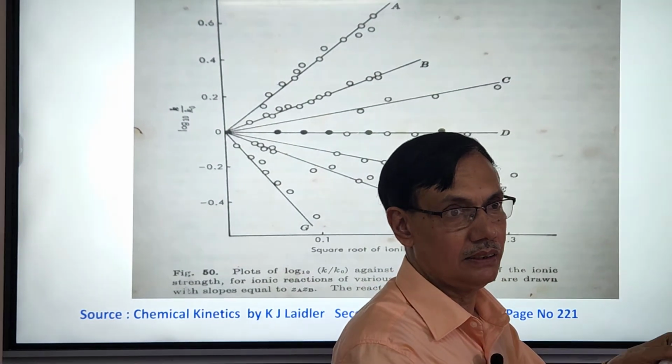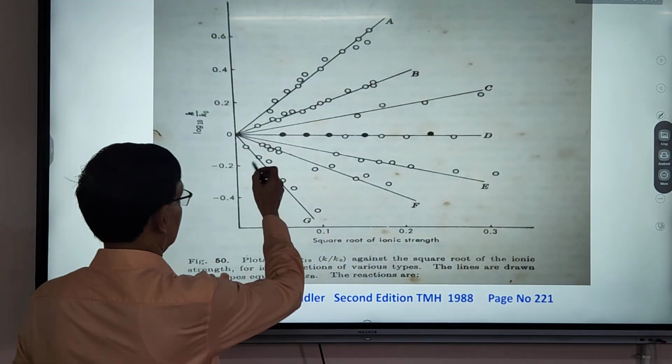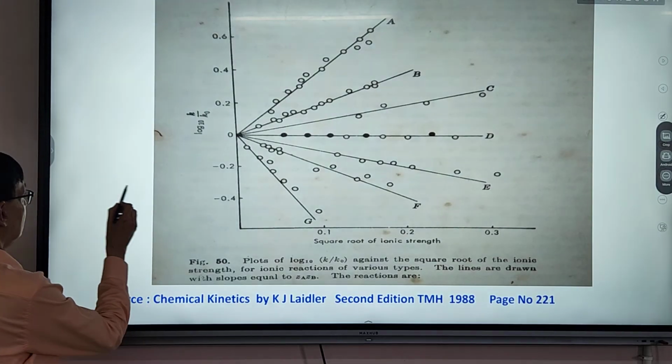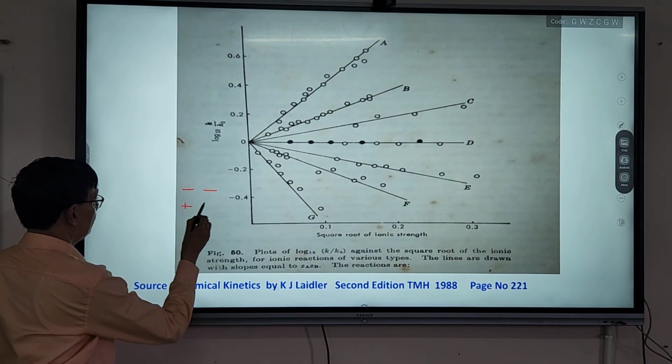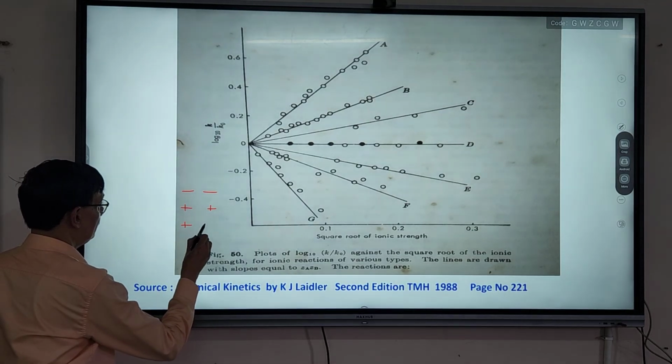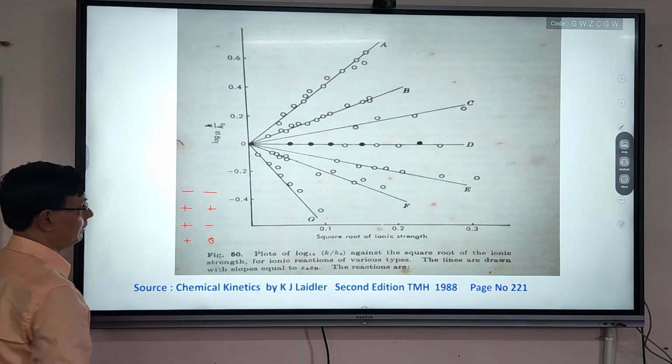So you have to write the correct answer. In this case, the rate of reaction increases, because negative, negative, positive, positive, positive, negative, positive, 0, like that, ion dipole type of reaction.